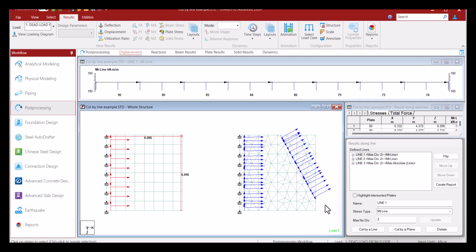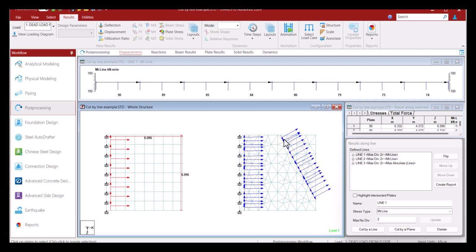Now, if I want to calculate the bending moment along this line, how am I going to do that, right? As I mentioned, manually you can do all those elements. You have to calculate the local axis moment and find the angle that is formed between those local axis orientations and this line, and you can use that formula that I've mentioned. You can find it anywhere, and you can solve it. But if you're using this result along line, the program is doing this job automatically for you by following all those rules.